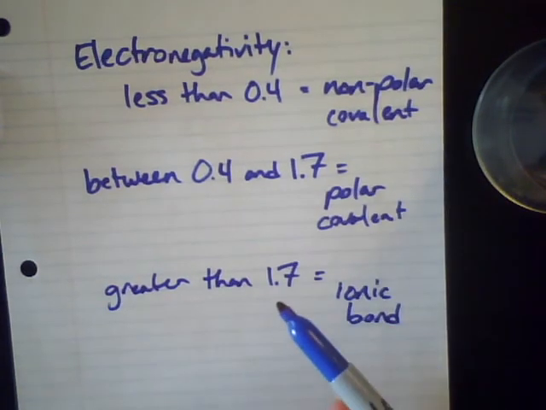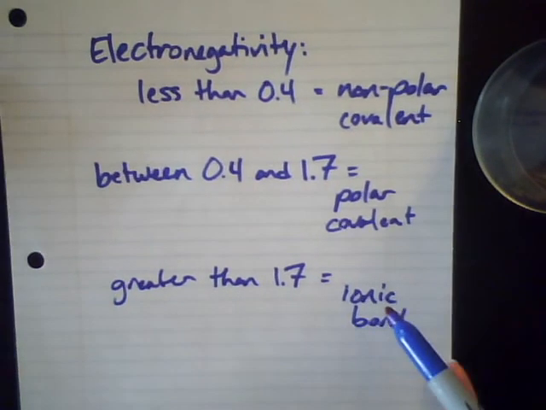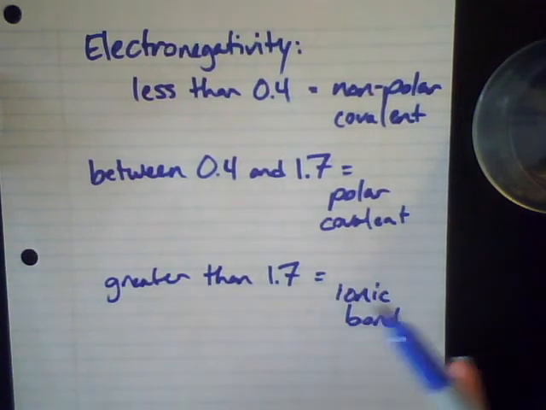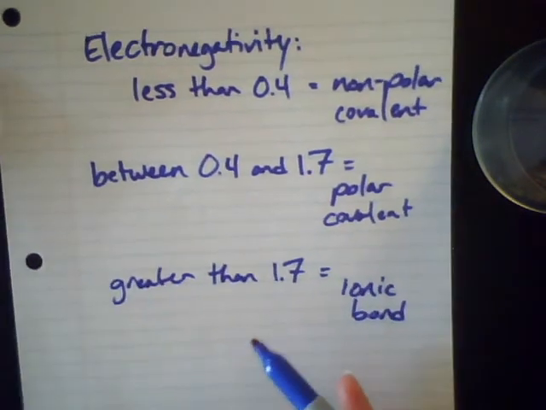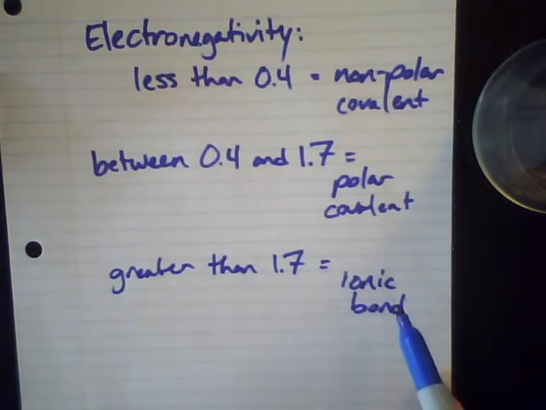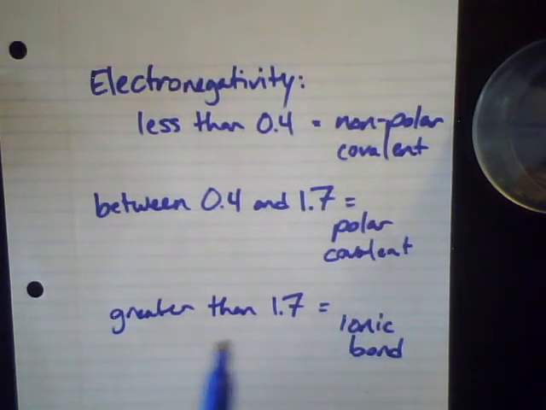There's so much of a difference in the electronegativities that that nonmetal is going to be ripping those electrons away from the metal. That means that there's a transfer of electrons from one to the other. And that transfer of electrons results in charges. And then these opposite charges attract, and that attraction causes this ionic bond. Okay, so that's how we can relate this back to the electronegativities.